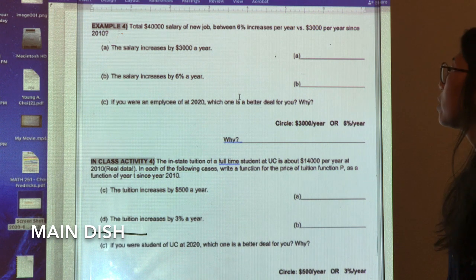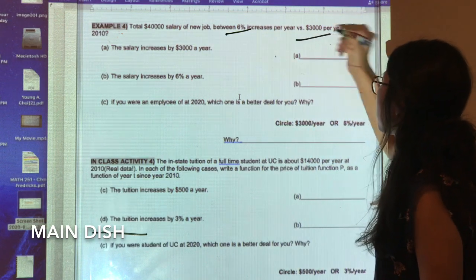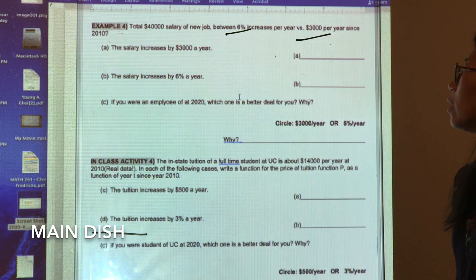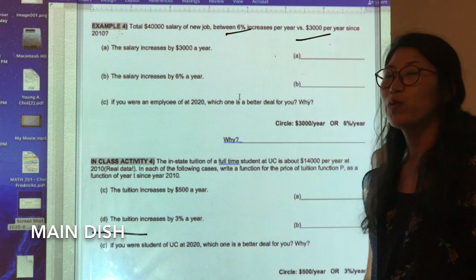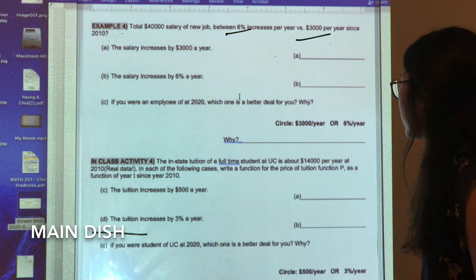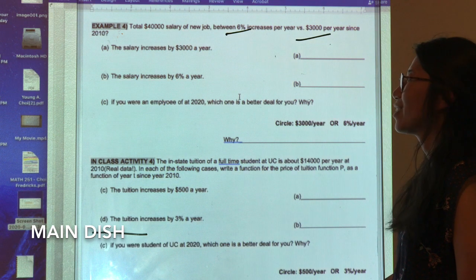So let's see if we increase by 6% versus $3,000 per year. One of them will represent the exponential function, one of them will represent the linear function. So which one do you think is going to be the exponential function?